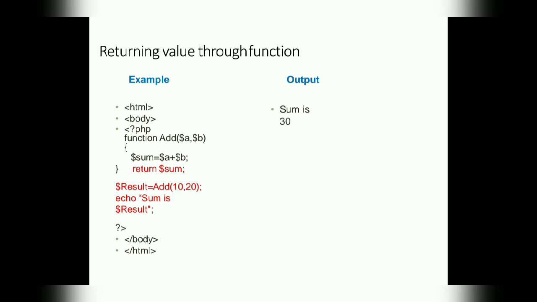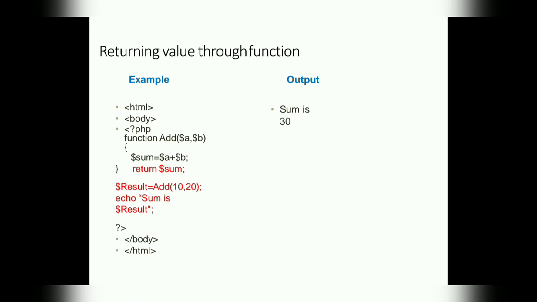That means we want to return a value through the function. So we have taken another variable. In the previous code, the add 10 20 call was written inside the function block, right? So here we have written it outside the function block so that we can return the value through the function. Okay, so the output will be the same, only the difference is whether the code is written within or outside the function block.